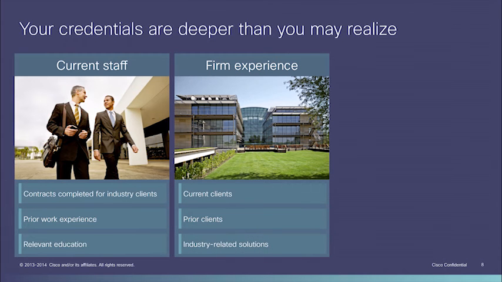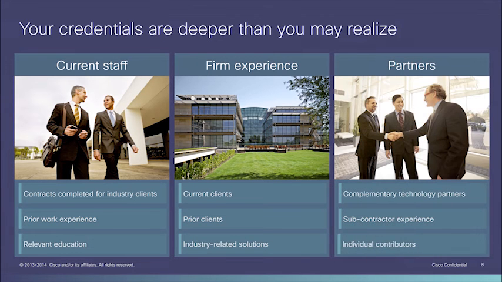Your firm has a set of credentials that is driven by the clients you currently serve and those you served in the past. Often this has meant developing or implementing industry-related solutions that give you and your firm industry credentials. Finally, there are partners with whom you have worked and have an existing relationship. Some of them are complementary partners, some are subcontractors, and some may be individual contributors.